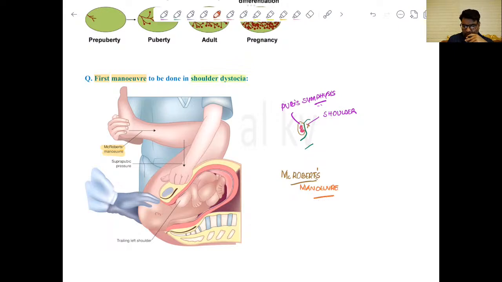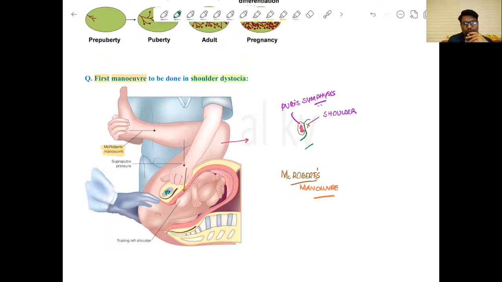Now here what we do, as you can see, the hip is flexed, the thigh is flexed, the lower limb is abducted, and with one hand there is suprapubic pressure, because if you see, this is the pubis symphysis. The shoulder is impacted just above and behind the pubis symphysis.